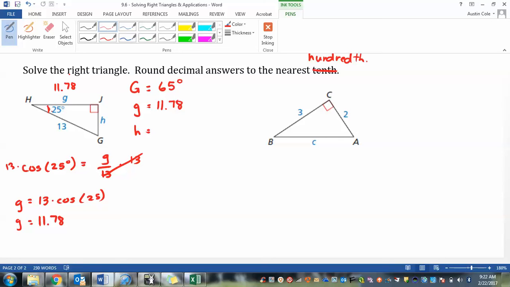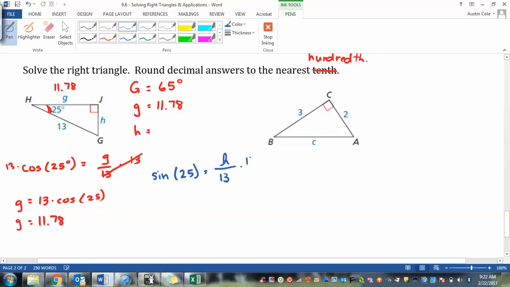I'm going to do sine, cosine, tangent again. So if I look at this angle, this is my opposite and that's my hypotenuse, so I believe that's sine. So the sine of 25 degrees equals the opposite, which is h, over the hypotenuse, which is 13.